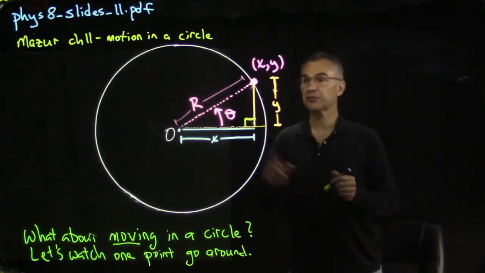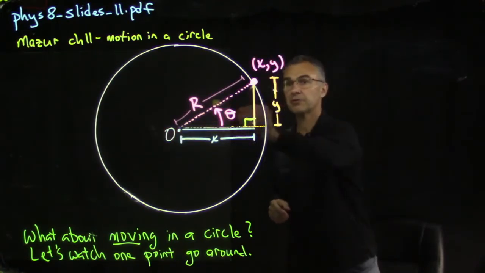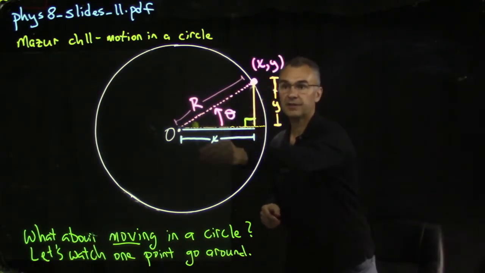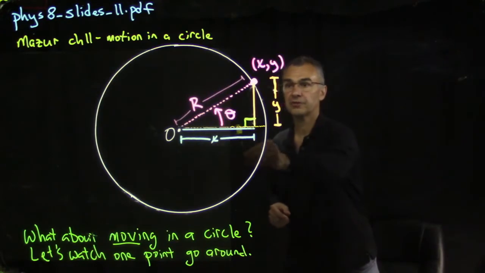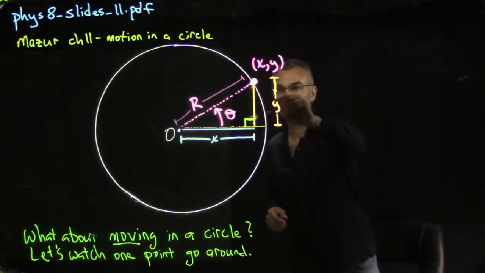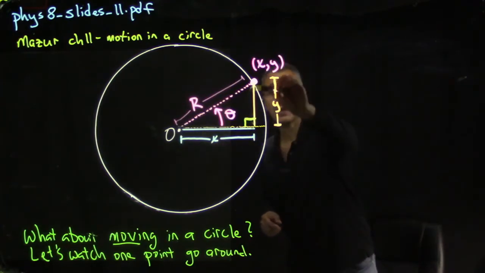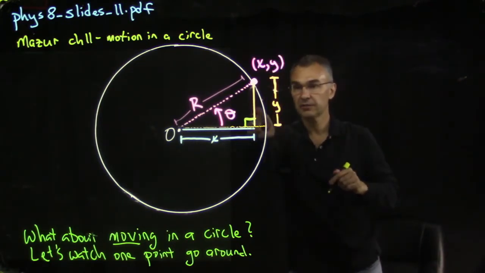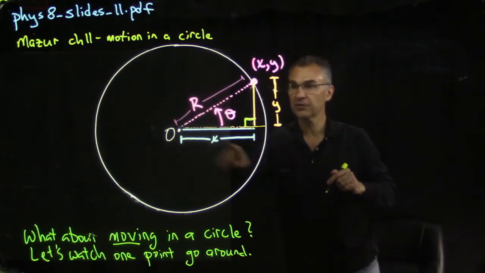So let's draw a right triangle with the hypotenuse being the radius, and then we have the x-coordinate horizontally from the origin to a vertical line projected down from this point, and then we have y, a vertical line projected down from this point to the x-axis, and so this height is y, this horizontal distance is x.